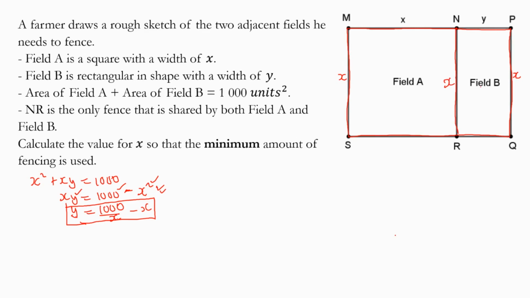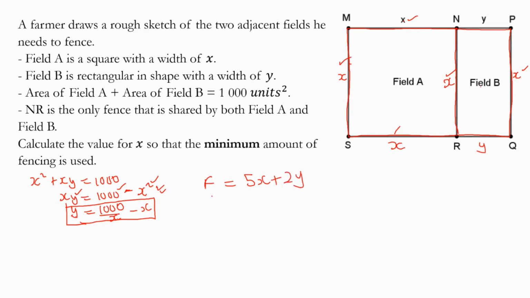If you check, this is x, this is x, this is x, this is x, this is another x here, and this is another y there. So we can add all the x's, 1, 2, 3, 4, 5 of them, and then 2y. So the fence is equal to 5x plus 2y.